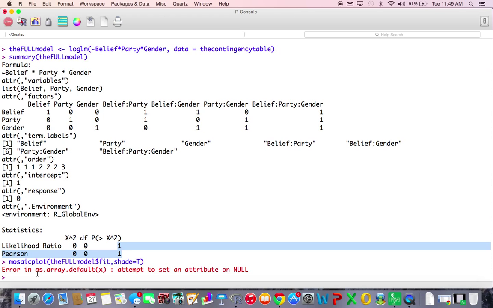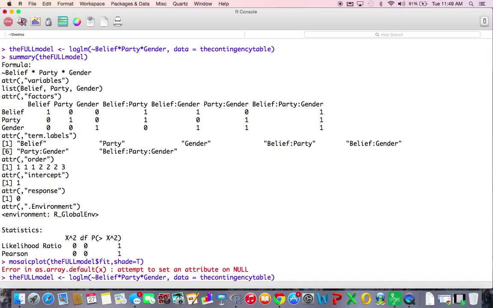Now, the next thing we're going to do is create another model. And I have no other thing to call this other than the next model. But what we want to do here is look at the main effects, plus we want to look at the two-way interaction effects.